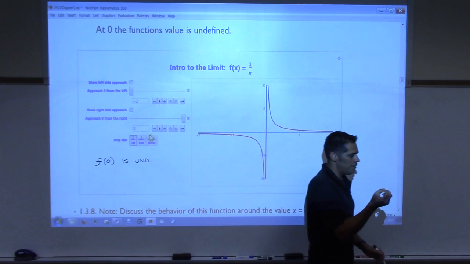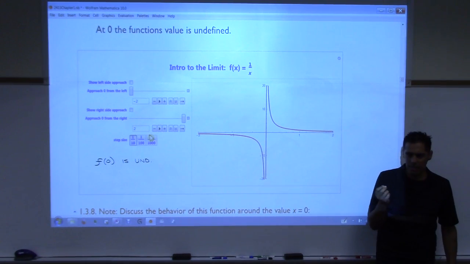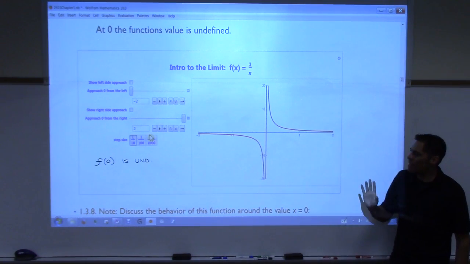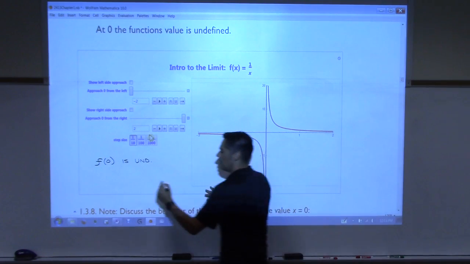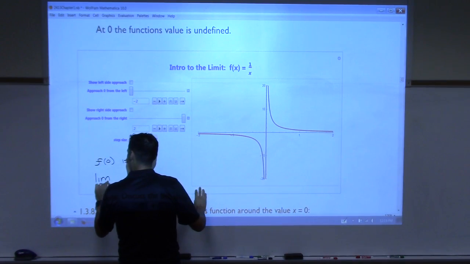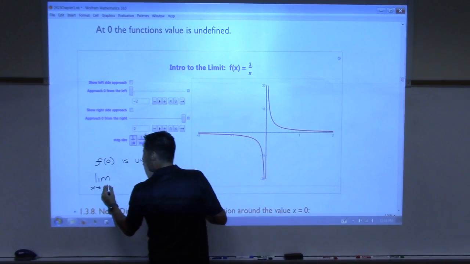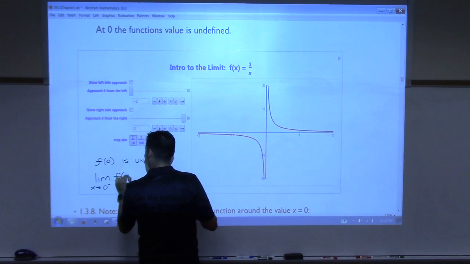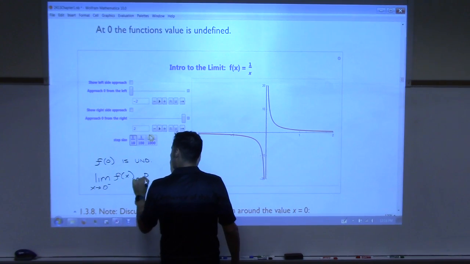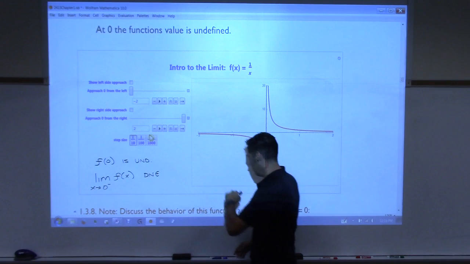Is infinity a number? No. Is negative infinity a number? No. It likes you to say right now that the limit as x approaches 0 from the left of the function does not exist, DNE.